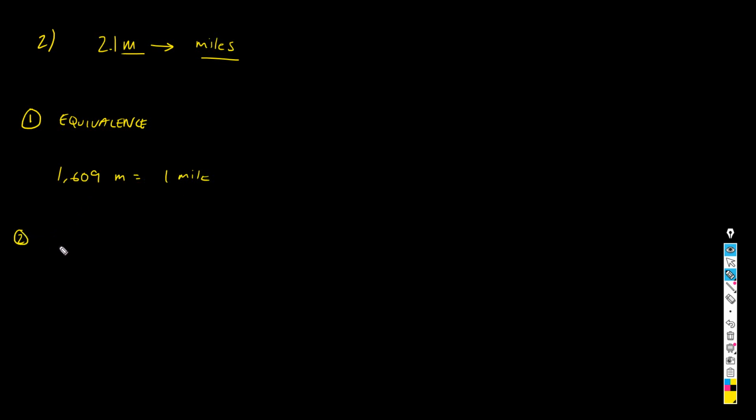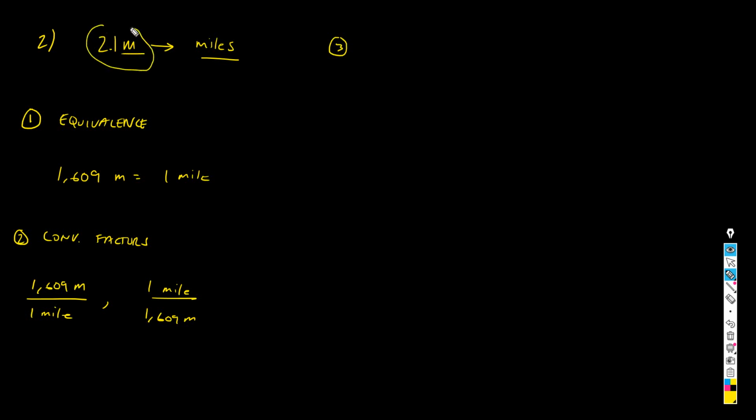Second step, let's write down the 2 conversion factors that I can create with this equivalence. And those are going to be this. This is one of them, and the other is this one. You see? And the third step is the following.